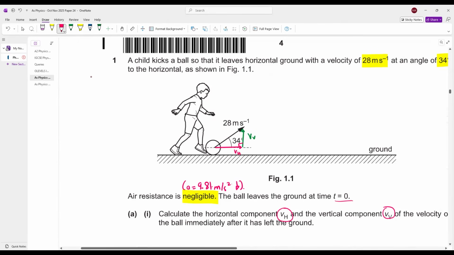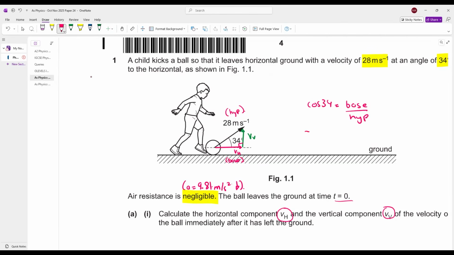This is a 90-degree angle. This is your base. This is your hypotenuse. How will you calculate the horizontal component? You will say cosine 34 is equal to base over hypotenuse.